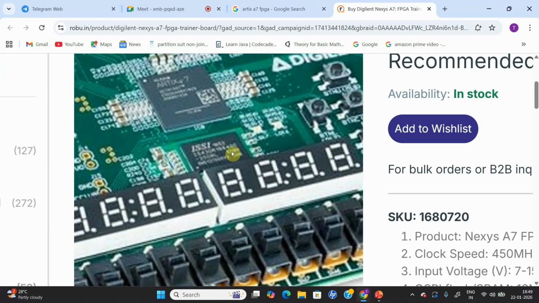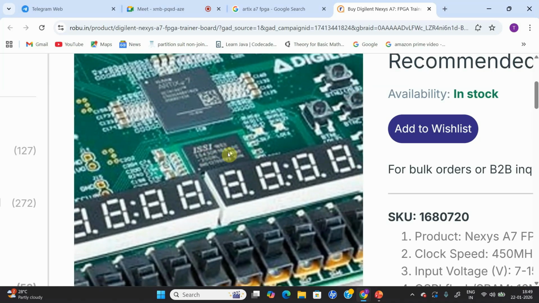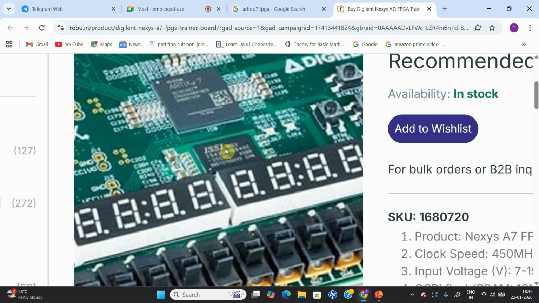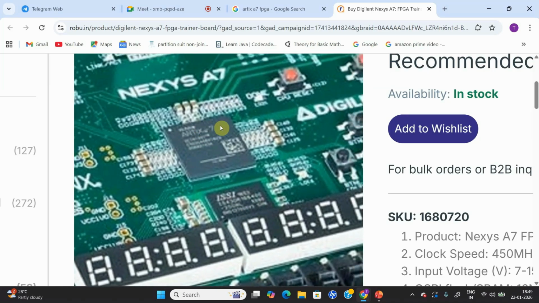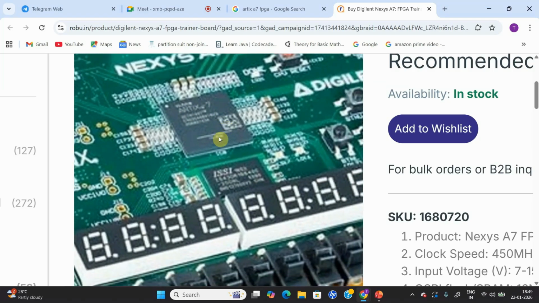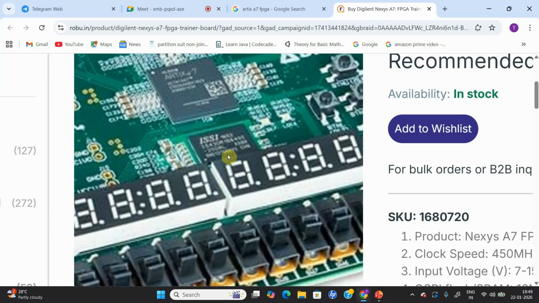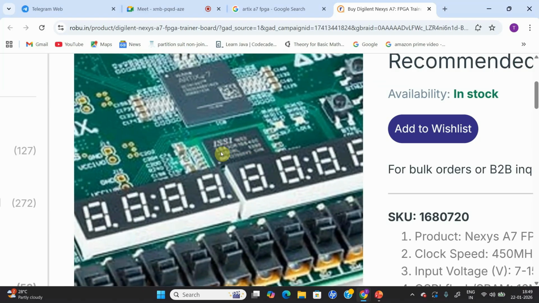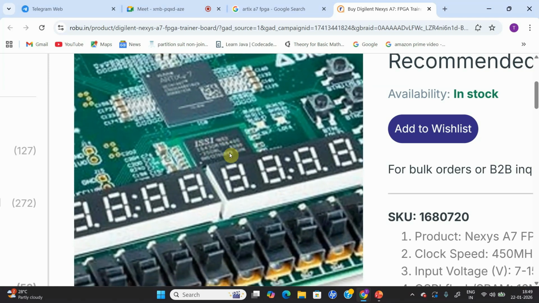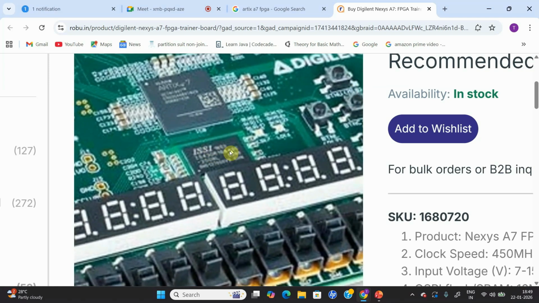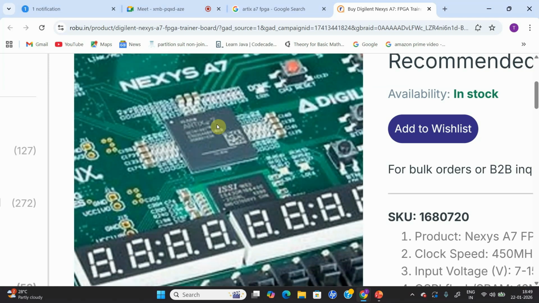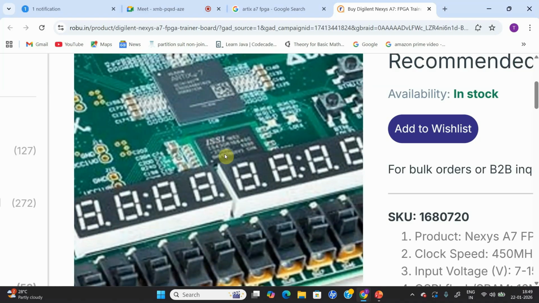This is said to be an off-chip memory. It may be an SRAM or it may be a flash memory. What I was saying is BRAM will be present inside your FPGA only. This is nothing but your FPGA. This chip, I cannot see it clearly. It may be an SRAM or a flash. This is my off-chip memory. This is the difference between on-chip memory and off-chip memory.